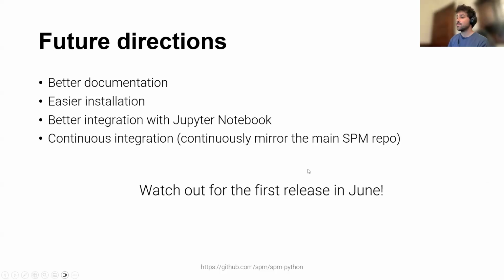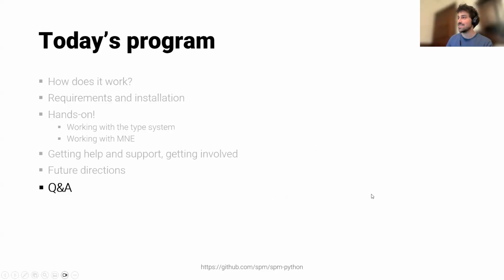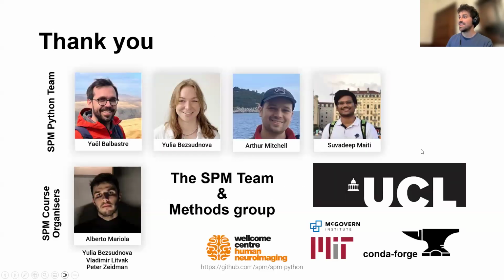For now, SPM Python is in beta and we anticipate releasing the first non-beta, official version of SPM Python in June. So that's pretty exciting. And I think that's it.